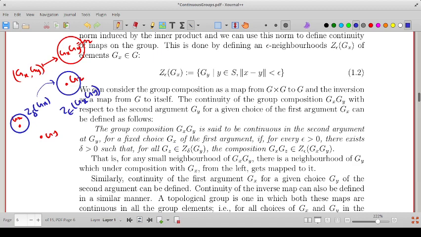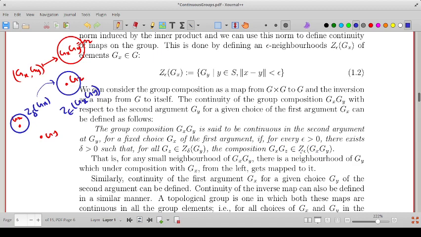So that means for every epsilon greater than 0, there exists a delta greater than 0 such that for all gz in Z delta of gy, the composition gx gz, that is the product, gets mapped to Z epsilon of gx gy. So the product or the composition gets mapped to the epsilon neighborhood of the product gx gy.